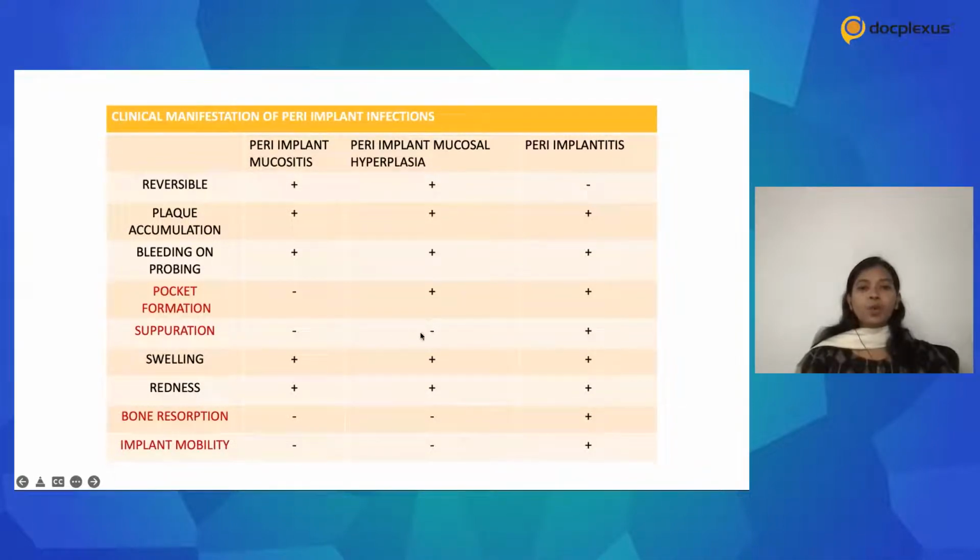However, if there is no suppuration, no bone resorption, no mobility, but you have plaque accumulation and bleeding on probing, then you can say that it is a type of peri-implant mucosa hyperplasia. Apart from that, if there is no pocket formation, no suppuration, no bone resorption, and no implant mobility, then you can confidently say that the patient has only mucositis. No need to worry about it.